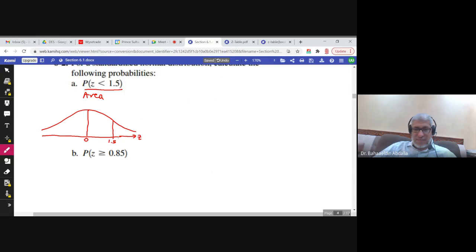This is Z. Values of Z greater than 1.5, but I need it to be less than 1.5. So if you need values less than 1.5, you will consider these values. All of these values are less than 1.5, even -1, -2. So he is asking about all of this area.